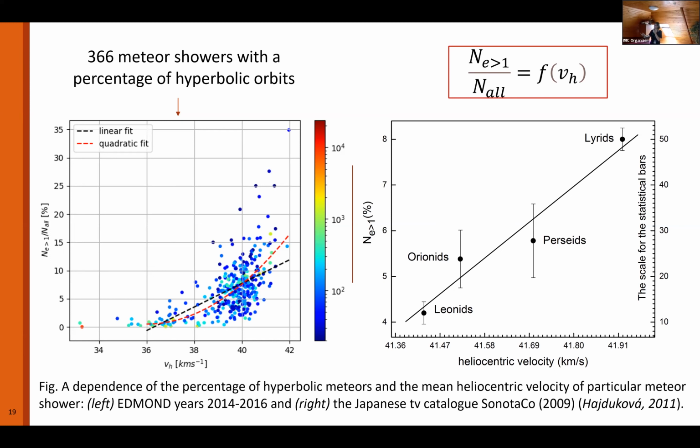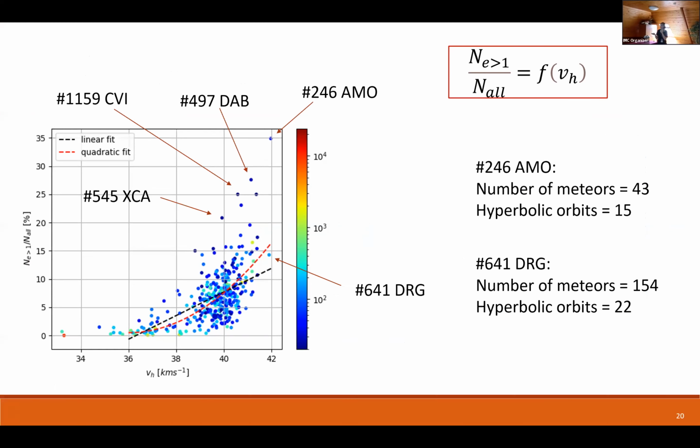The color codes on the graph on the left are based on the overall number of meteors in the shower. To take a closer look, especially the alpha Monocerotids, those are very close to the limit, and actually one of the mean parameters, eccentricity, was calculated to be more than 1.0, which would indicate hyperbolicity of the stream, which is definitely not the case. There are only 35% of the meteors hyperbolic.